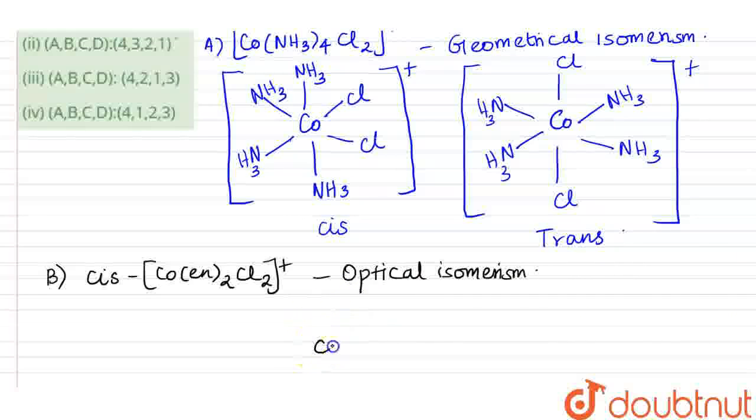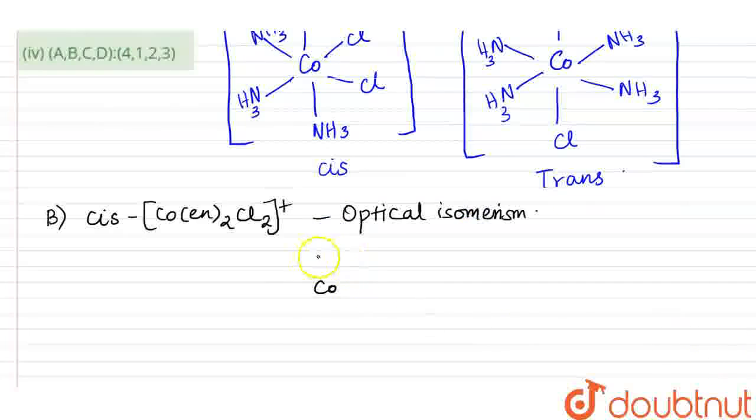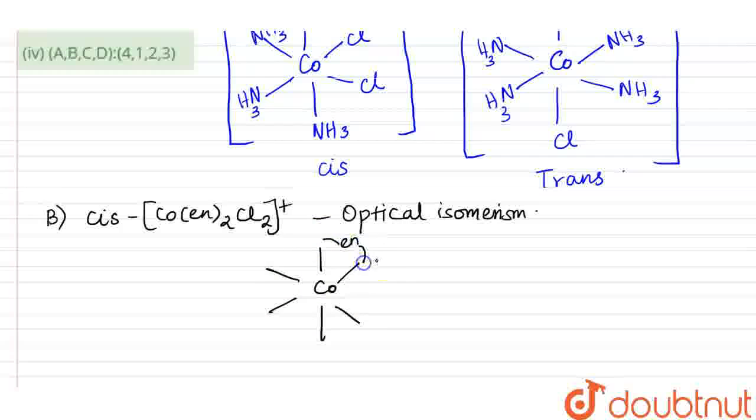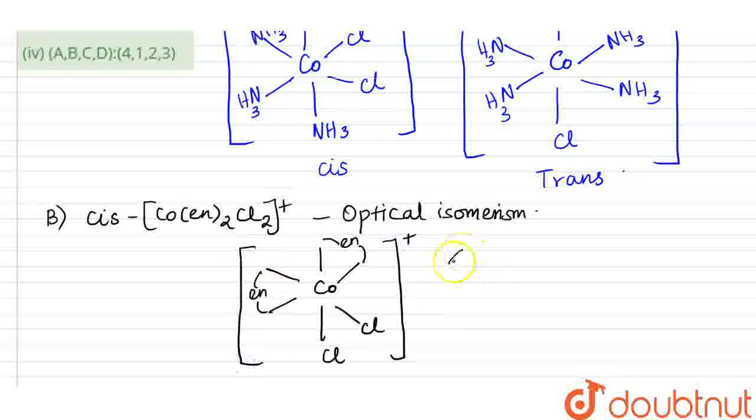So cobalt, and it is an octahedral complex. Here it is ethylenediamine, here it is chlorine, and here it is ethylenediamine, which will have a charge of plus. It has a non-superimposable mirror image, which confirms it shows optical isomerism.